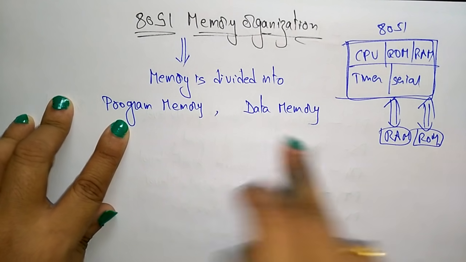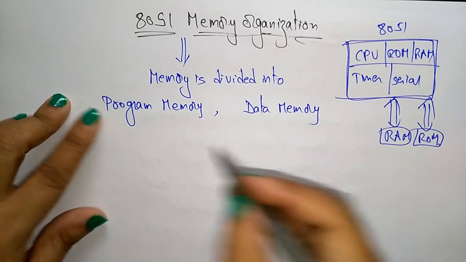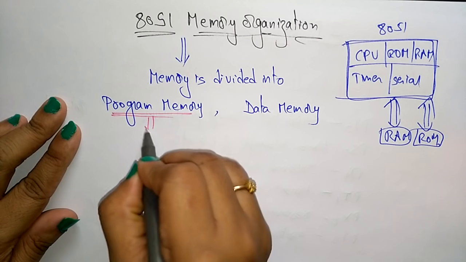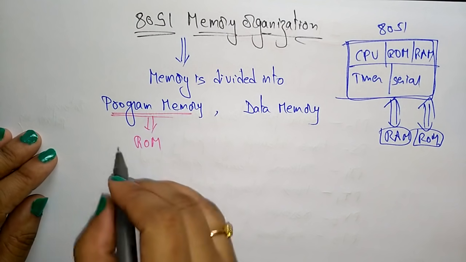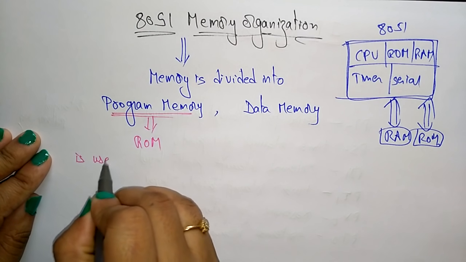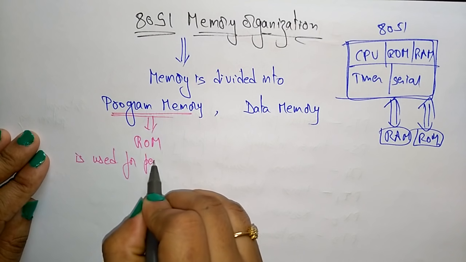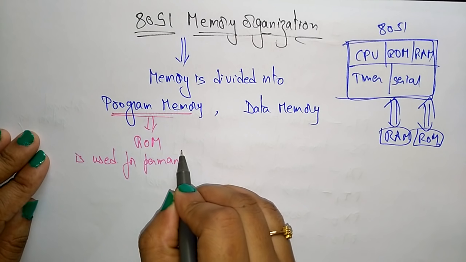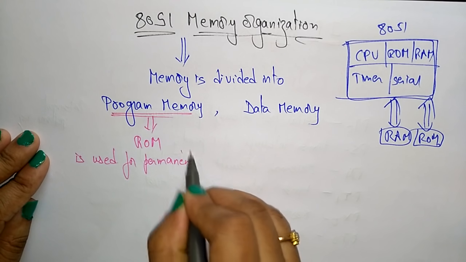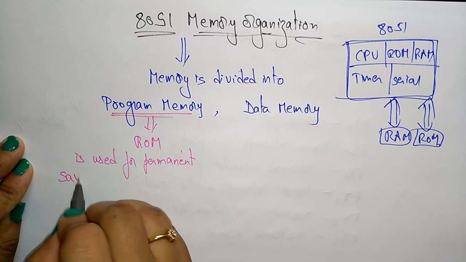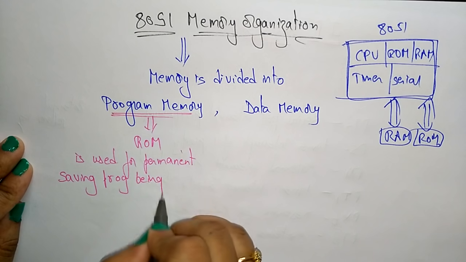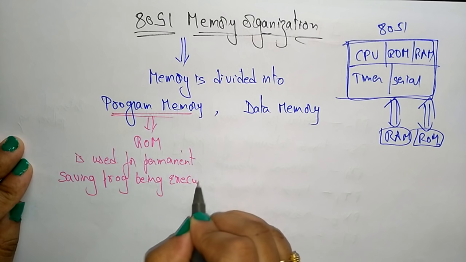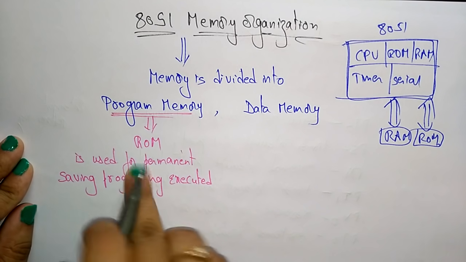First is the program memory and the data memory. Program memory is nothing but ROM, that is a read only memory. It is used for permanently saving the program being executed. So whatever the permanent program that is there, that is being executed with the help of ROM.